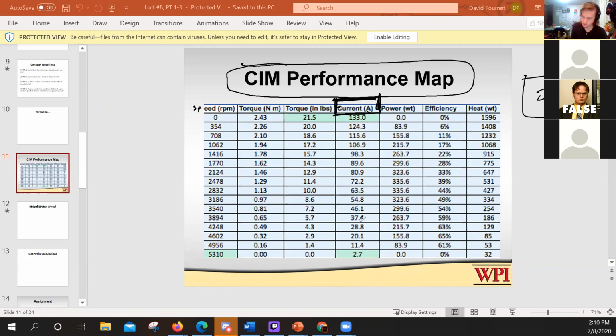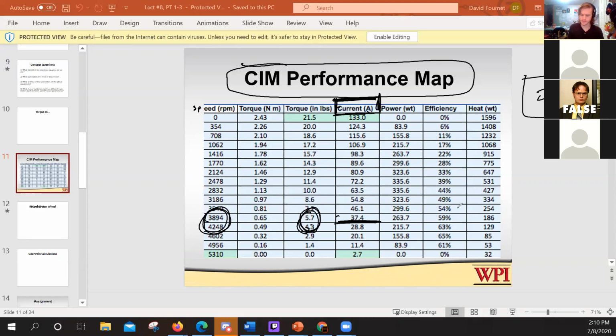Now 30 amps is going to be around here. Can you guys see the marking there? Yeah. Cool. So it's going to be somewhere in between there. If we run it at 30 amps, it's going to have somewhere around 5 inch-pounds of torque, and it will be somewhere around 4,000 RPM.